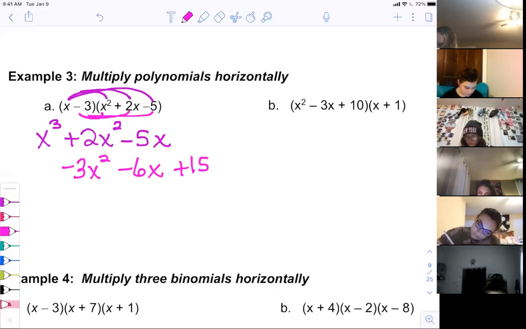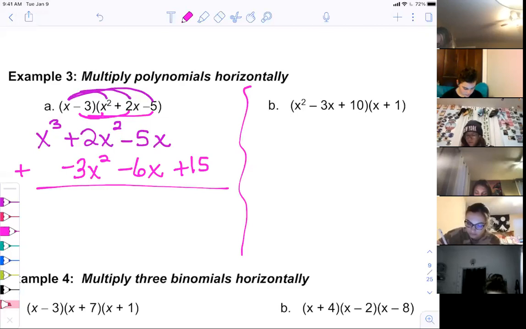You do not have to do this, but sometimes lining them up vertically helps, because you have your like terms paired together right underneath each other. So, Valerio, final answer here. If we add these together, what do we get? x cubed minus x squared minus 11x plus 15. Awesome. Nice job.